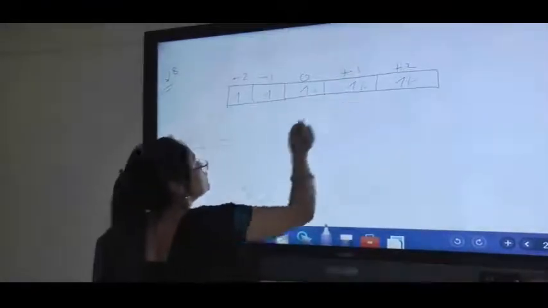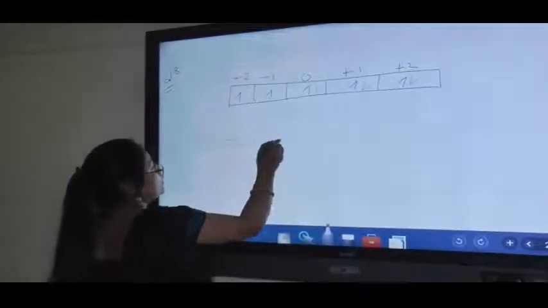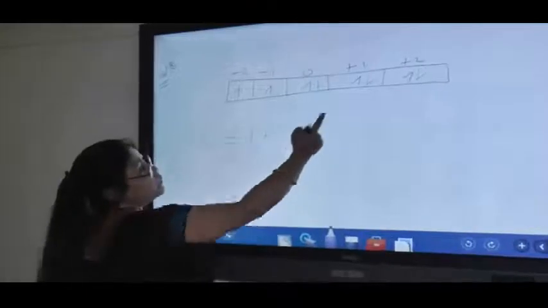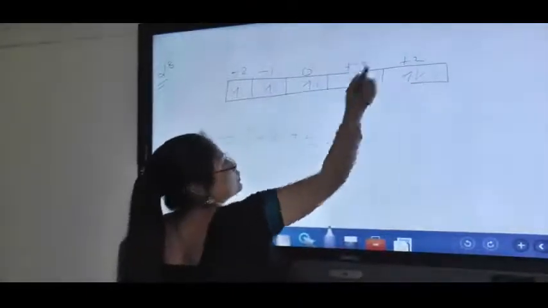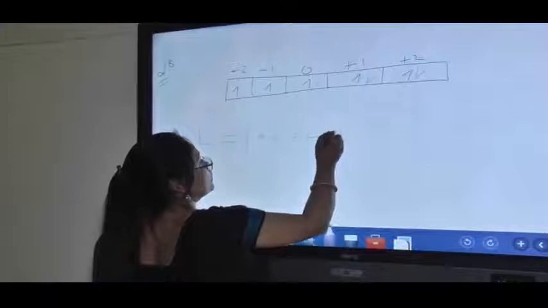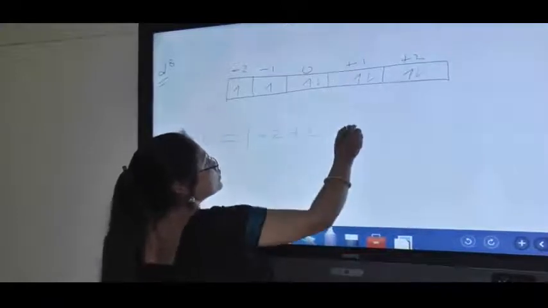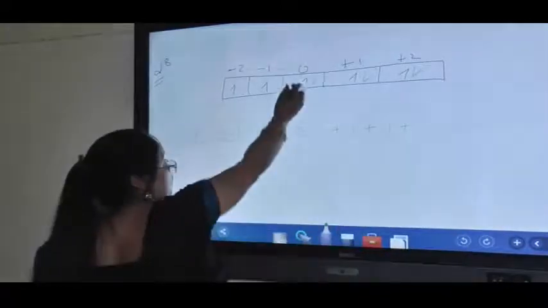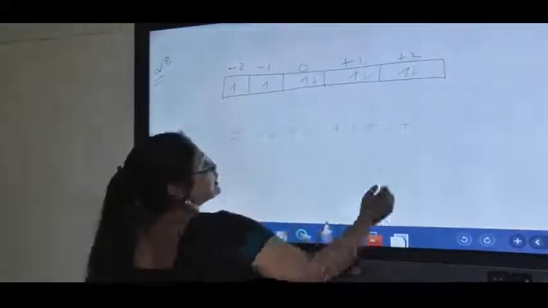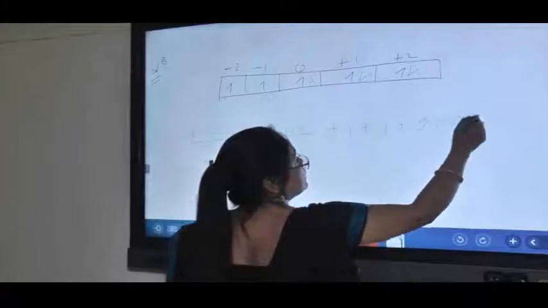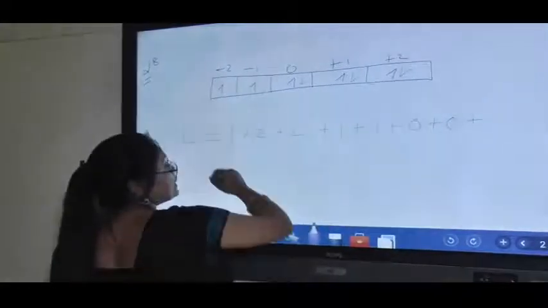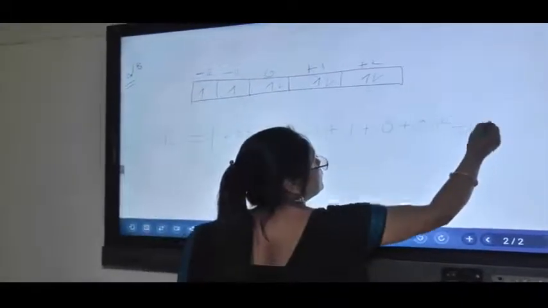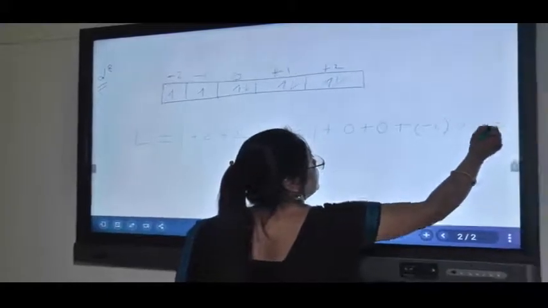Here we have 2 electrons with +2, so 2 plus 2. 2 electrons with +1, 2 electrons in 0, and 1 each in -1 and -2.